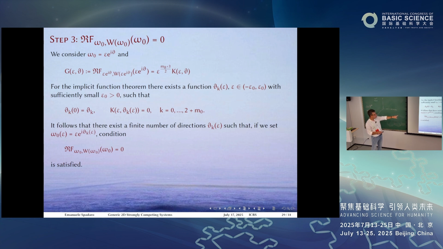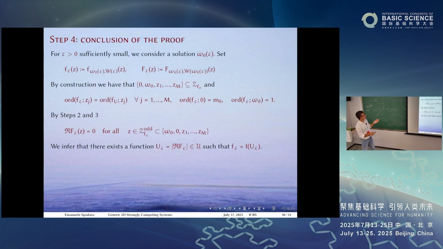Now, if we choose one of these branches, one of these directions, we know that also the real part at this new critical point is 0. So now, effectively, what we have found is a holomorphic function which is the Hopf differential of a solution. And now the proof is finished because we go back from this primitive to our solution u epsilon.